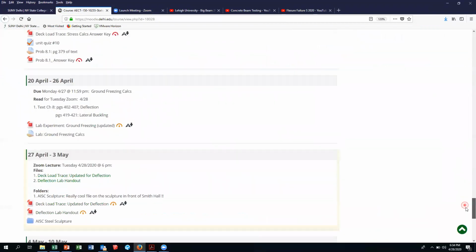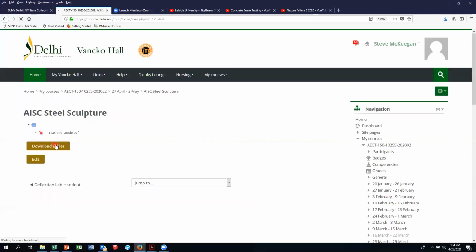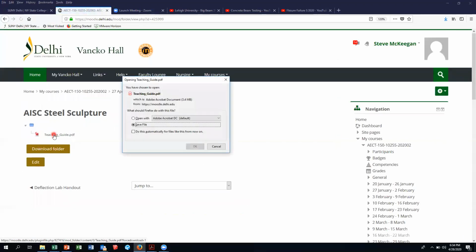If you go all the way down to the bottom, here's the updated. There's the deck load trace. This has been updated for deflection, so that's all 9 pages. There's the deflection lab handout. That won't be due till the weekend. And then this actually is for you folks for structural theory.